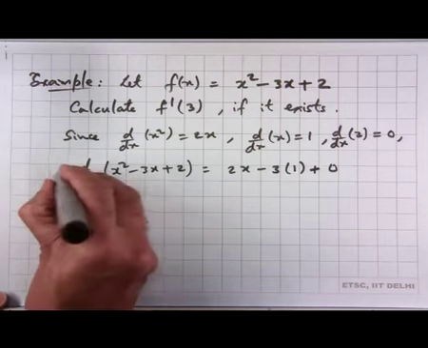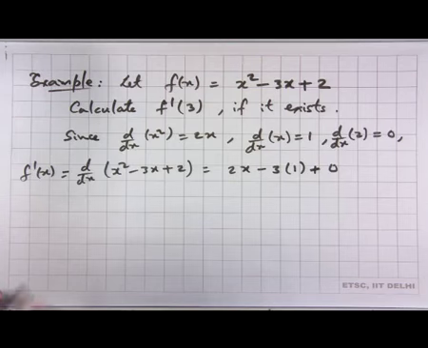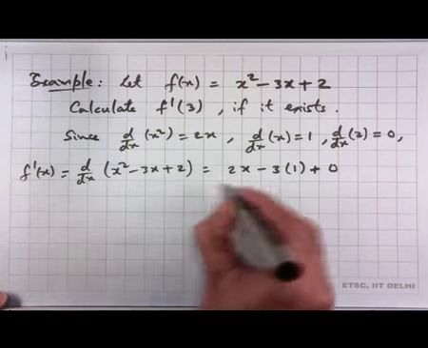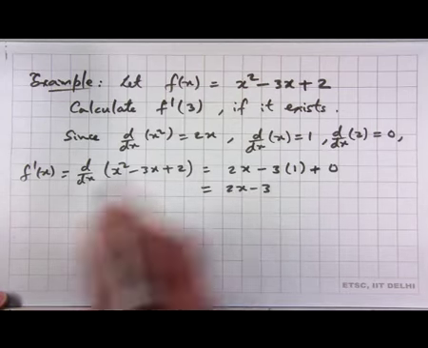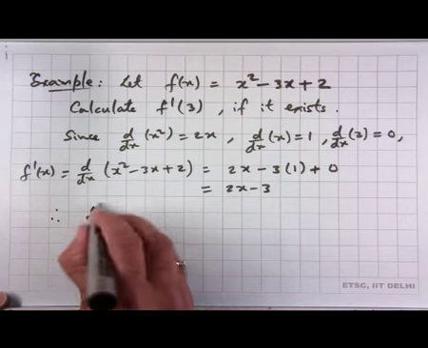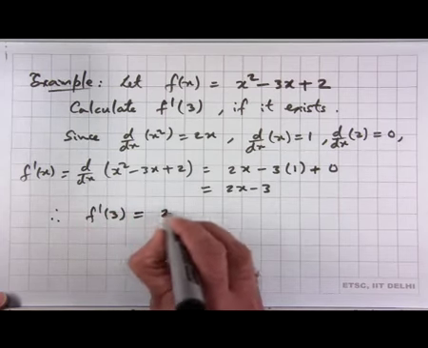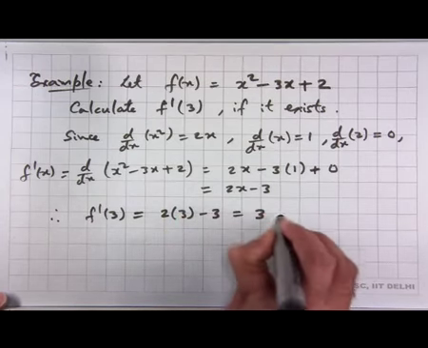So, this is nothing but f prime of x. So, in fact, for any x the derivative exists and is given by 2x minus 3, and therefore, f prime at 3, you just have to plug in x equal to 3, is 2 times 3 minus 3, which is equal to 3.